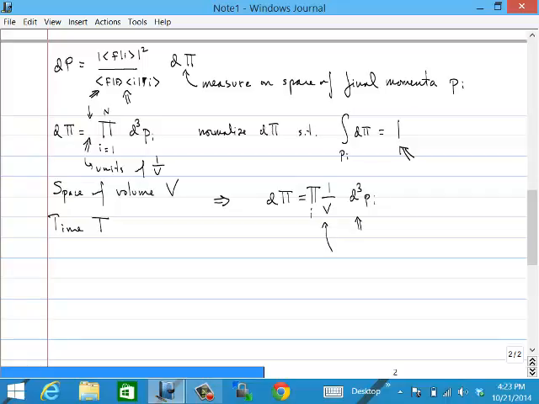And of course, the numerical factor will depend on things like what boundary conditions you put on the space of volume V. You could put reflecting boundary conditions, periodic boundary conditions for your modes, or something like that. But that's all going to disappear in the limit where you take V to be very large. So I'm just going to take dΠ to be proportional to 1 over V times d³p for each of these external momenta. Is there a question in the back?